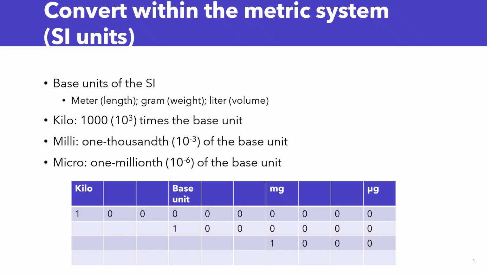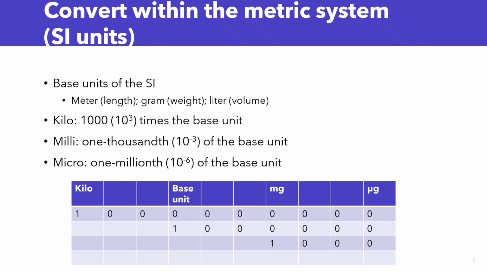And kilo means 1,000 times the base unit. Milli is 1,000th of the base unit, and micro is 1,000,000th of the base unit. Now there are other units, but those are the ones that are mostly used in dosage calculations.